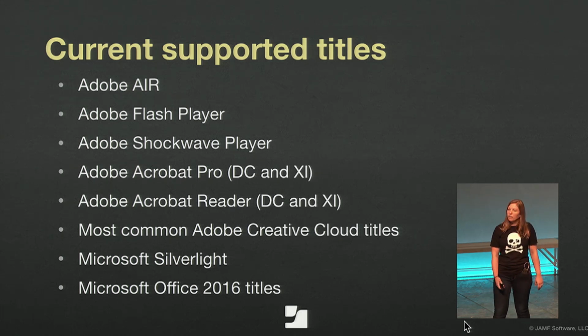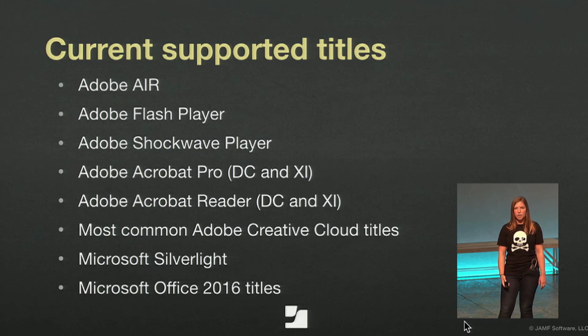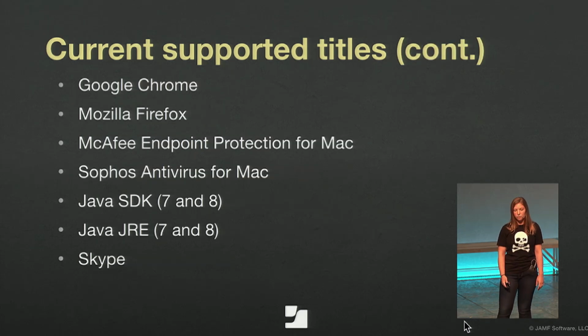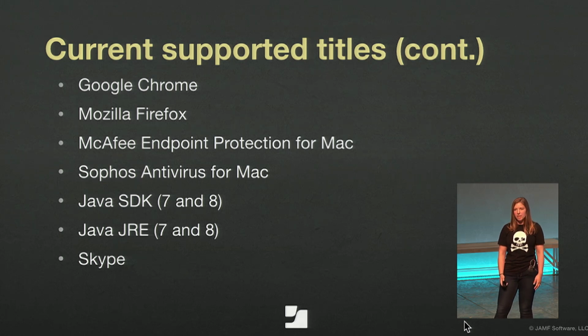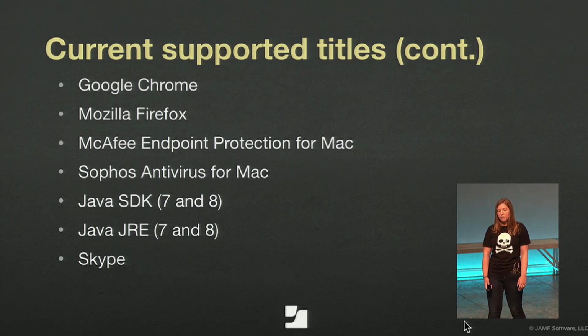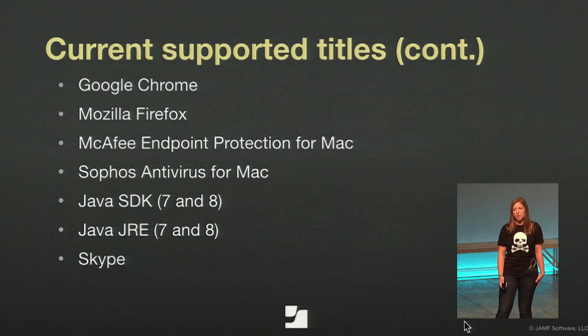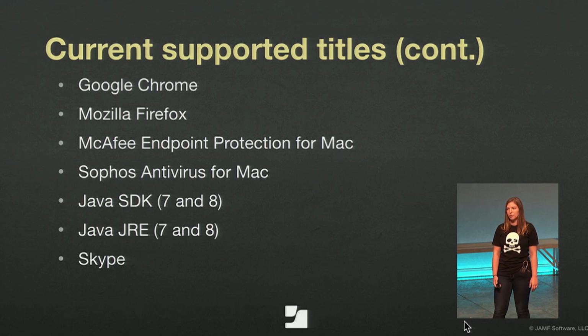So as you can see, we've got support for many Adobe and Microsoft titles, as well as a couple of common web browsers, common antivirus titles, just about every flavor of Java that you can think of, and Skype. And many of you are probably wondering, where are the Apple titles? Where are the Apple operating systems and the security updates and the App Store apps coming from Apple? And we'll talk about that more at the end, but we do plan to add support for that in the future.